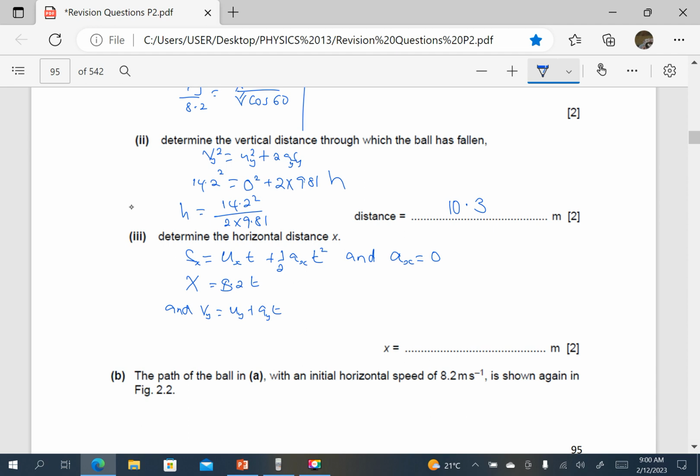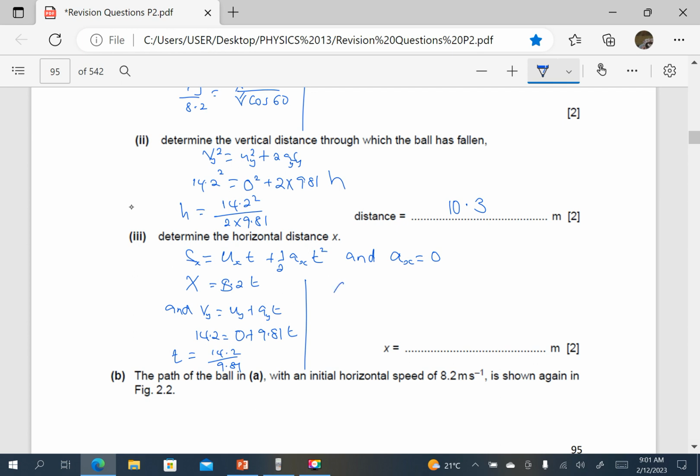V in the vertical we have above as 14.2. Initial velocity in the vertical was 0 because the body was projected horizontally, plus 9.81 times t. So t is equal to 14.2 divided by 9.81.